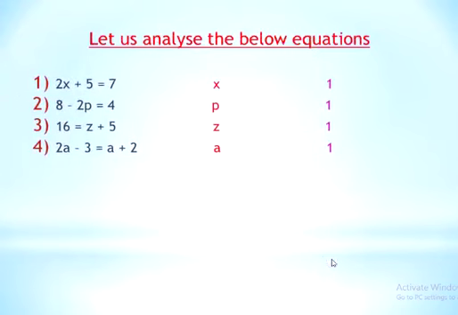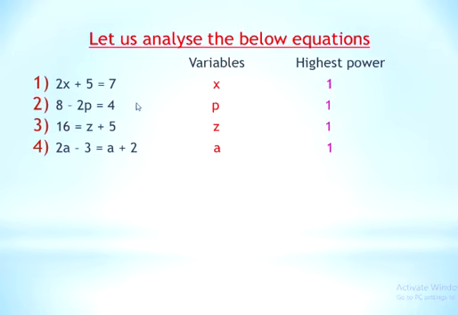Let us analyze the below equations. 2x plus 5 is equal to 7. Here 2, 5 and 7 are constants, and x is a variable. The power of x is 1, that is the highest power.